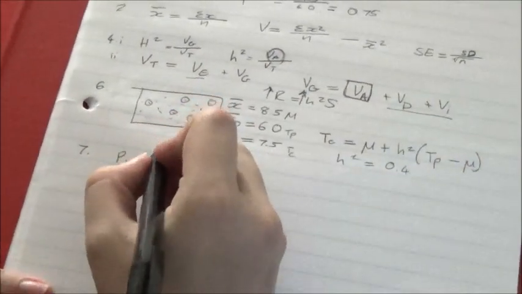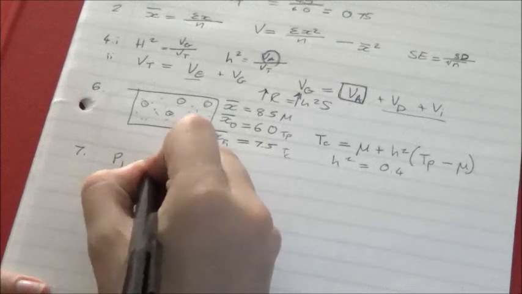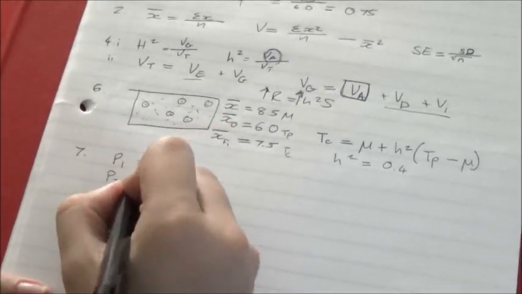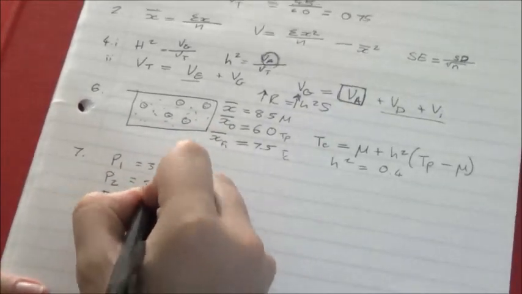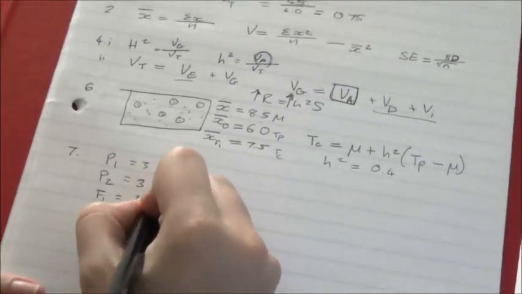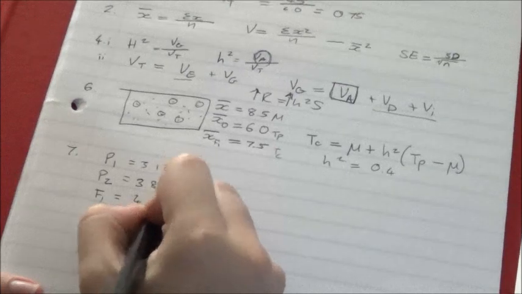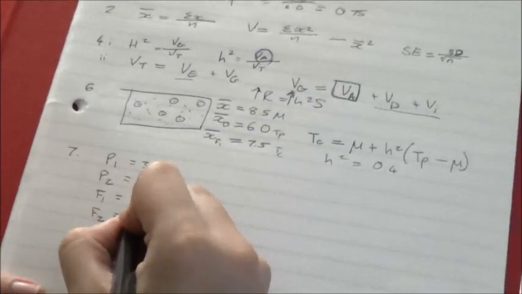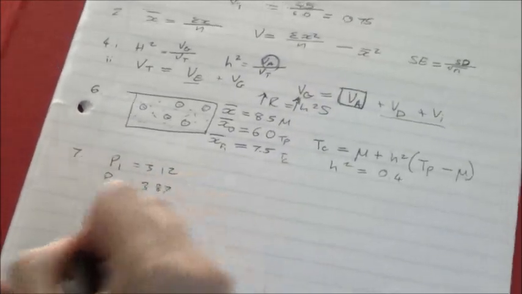Okay, so first things first, let's just write down what these variance values are so that you can see. So this one is 3.12, 3.87, 4.74, and 47.7.